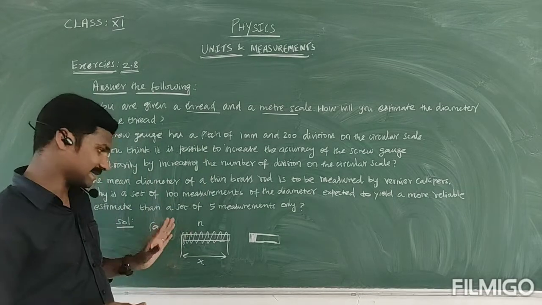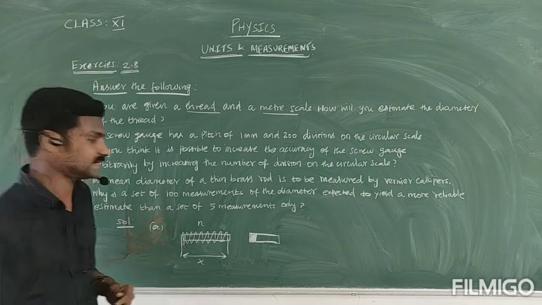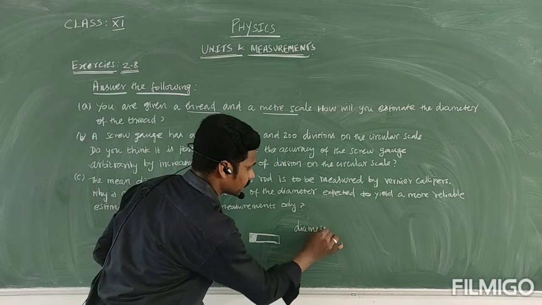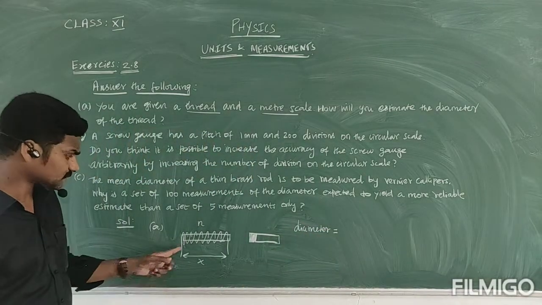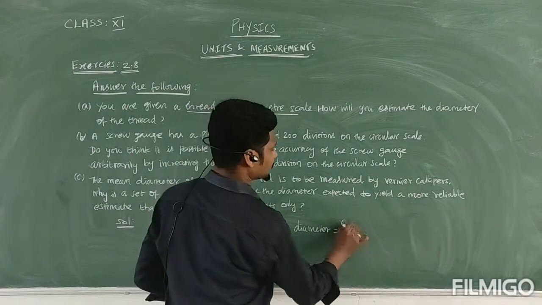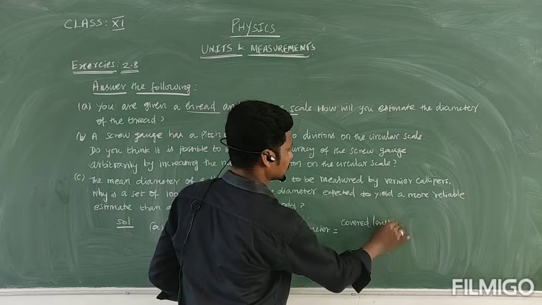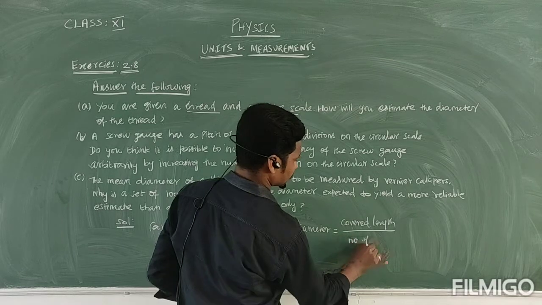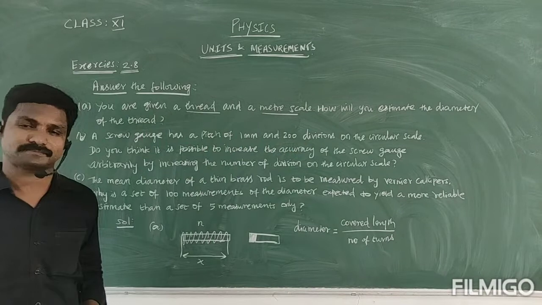Okay, so now we can find the diameter of the thread. The diameter of the thread is equal to the total covered length divided by the number of turns of the thread.